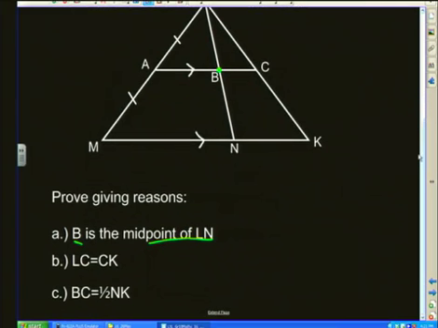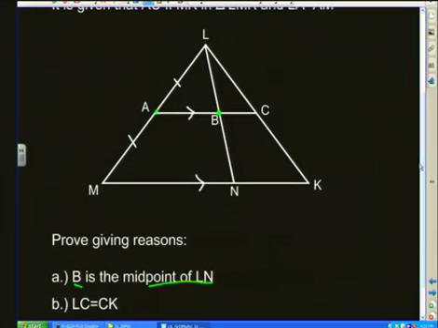A is the midpoint of LM, and we know that AC, that whole line, is parallel to MK. Therefore, a portion of that line segment, AB, will still be parallel to a portion of the other side. So AB will be parallel to MN. So if A is the midpoint, AB is parallel to MN. That means that B must be the midpoint of LN.